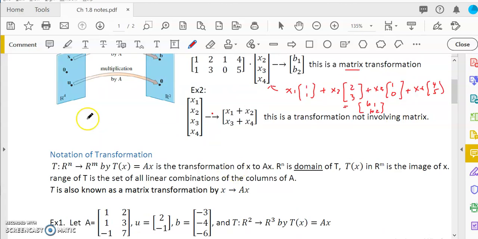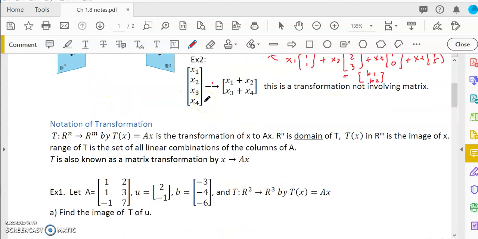So what is the notation of a transformation? If it is a matrix transformation that involves A times X, we're not talking about the non-matrix ones. We'll talk about those later, especially in 1.9. The next section we'll talk about more of these, but for the time being, all of our transformations are matrix transformations. So our input is X, and then we multiply X in the front by A. So you have to specify what to what.